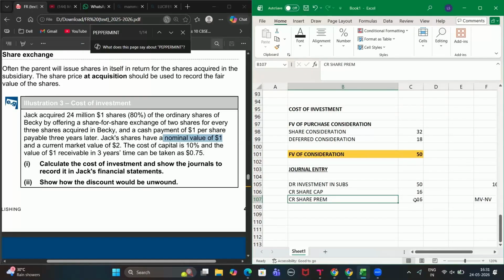What happens if liability increases? Will we debit or credit? We will credit. So what will be on the credit side? Deferred liability. How much is the deferred liability? 80.